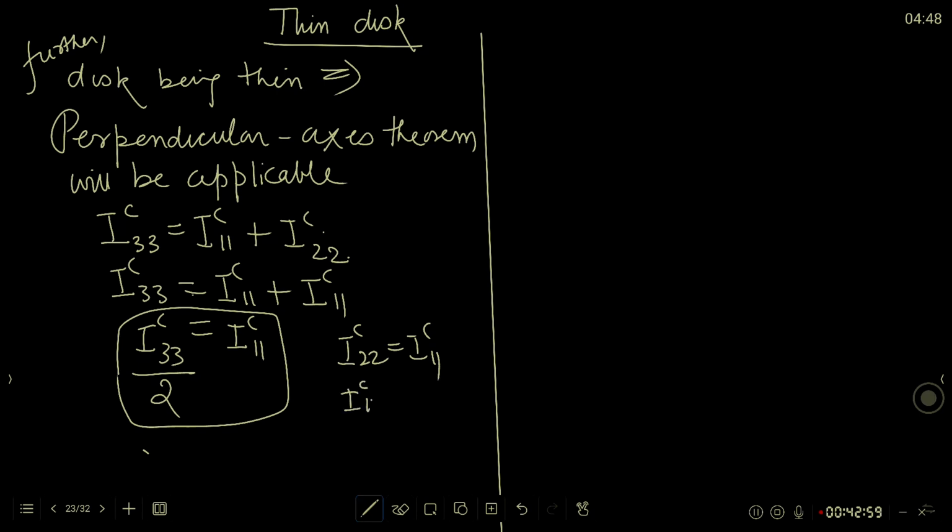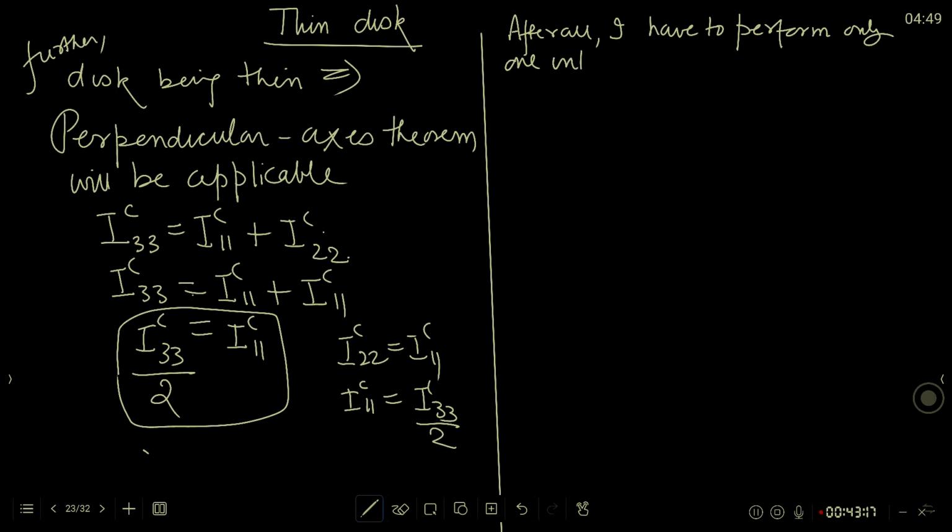It means after all I have to perform only one integration, IC33. If I can find IC33, other diagonal elements can be found very easily without integration. Let's try to find IC33.